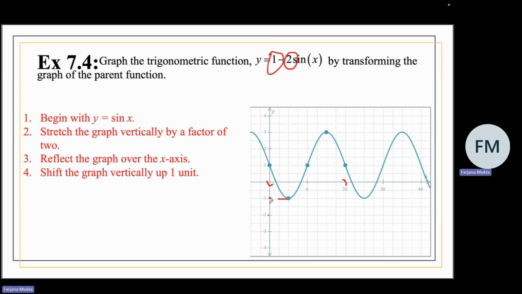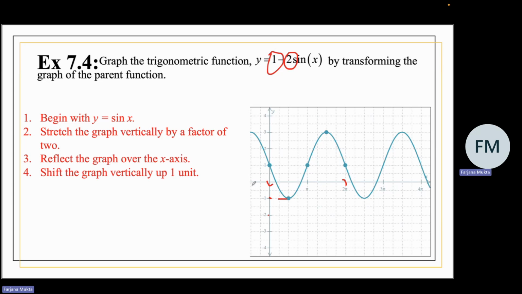That's the final graph we have found previously by tracking the vertical shrink or stretch and vertical shift onto our angles and of course onto our table of sine x, the parent function. Okay, I hope it makes sense. If you still have some question, please let me know.